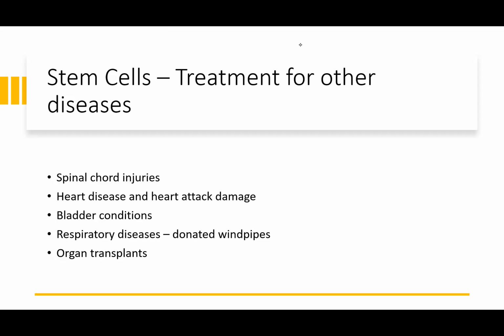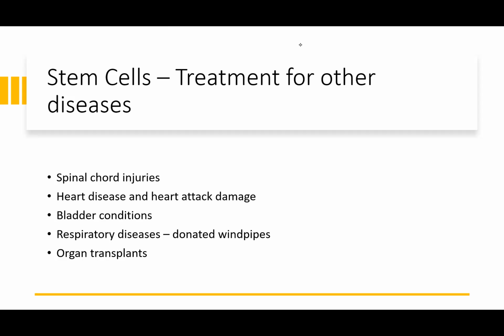For heart disease and heart attack damage, stem cells could be used to replace damaged heart tissue. For bladder conditions, stem cells could be used to grow whole bladders, which are then implanted in patients to replace diseased ones. And in respiratory diseases, donated windpipes can be stripped down to their simple collagen structure, and then we can cover them with tissues generated by stem cells, and this could then be transplanted into patients.